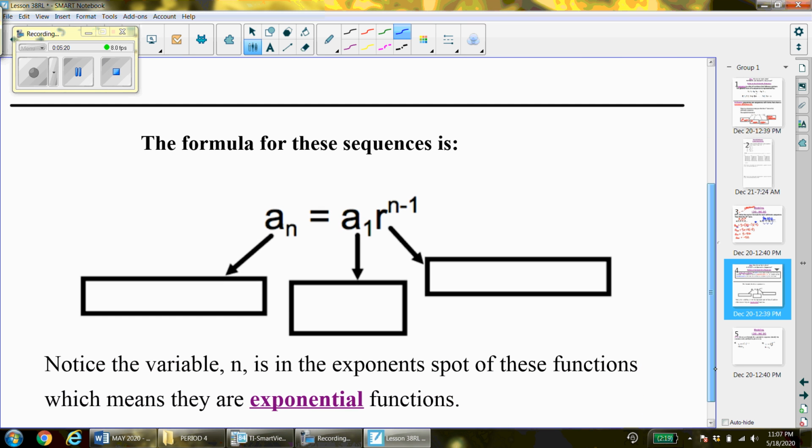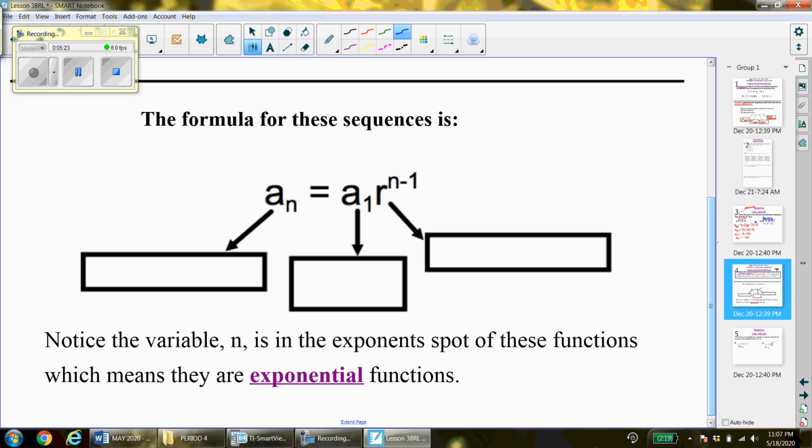The formula for these sequences is A of n, which is your nth term, A of 1, which is your first term, and R, which is your common ratio. I notice the variable n is in the exponent spot of these functions, which means they are exponential functions.